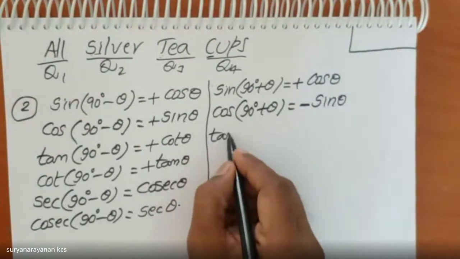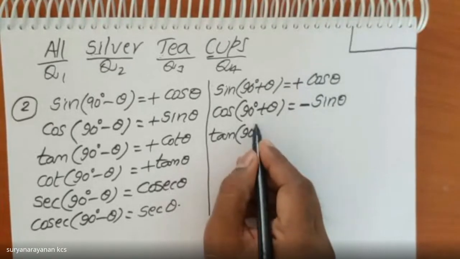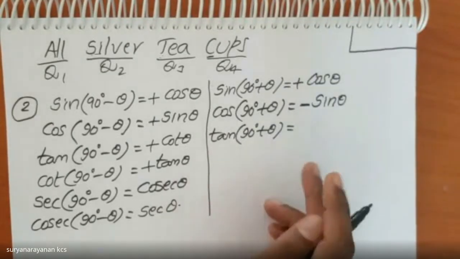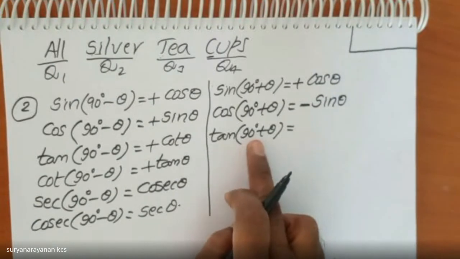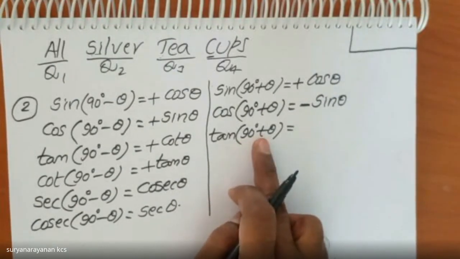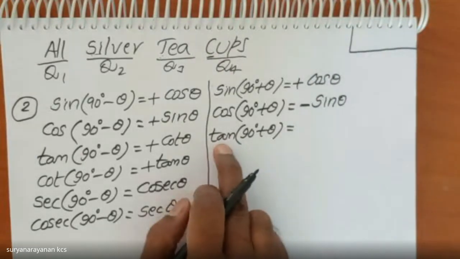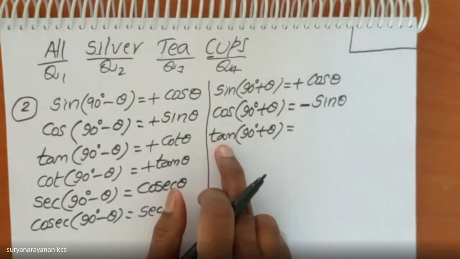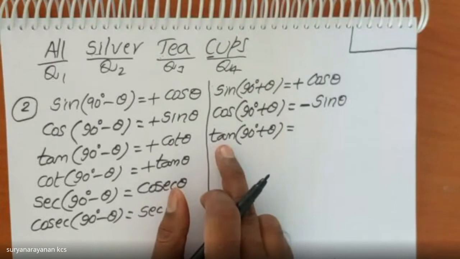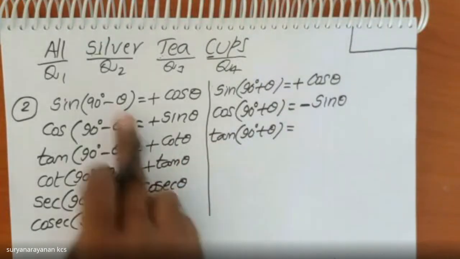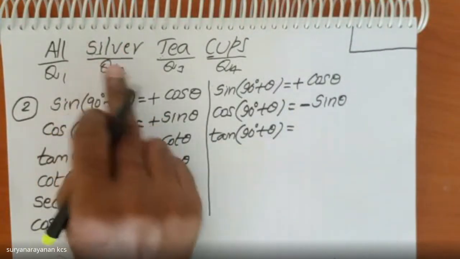Next, tan 90 degrees plus theta. This angle lies in the second quadrant. In the second quadrant, is tan positive or negative? Negative.